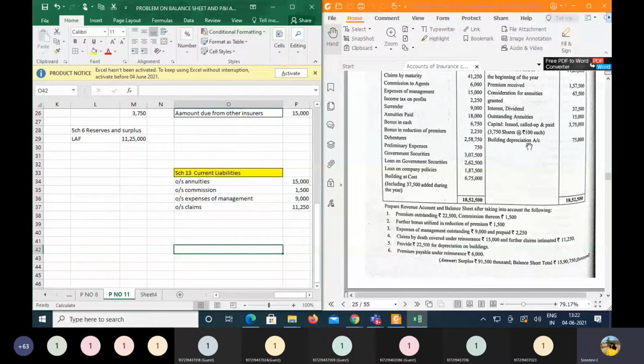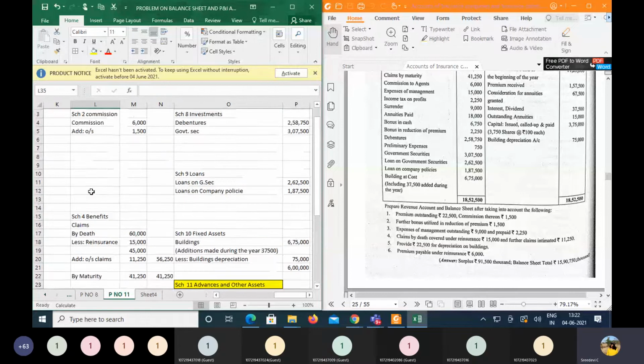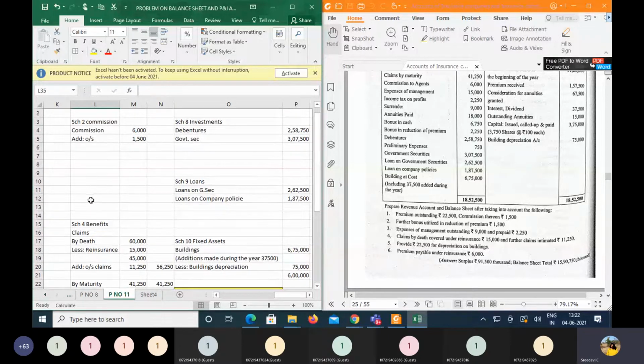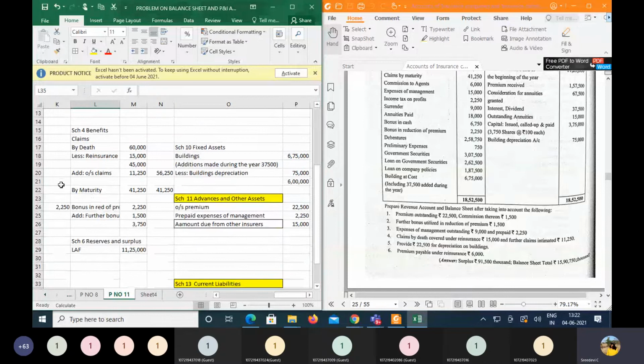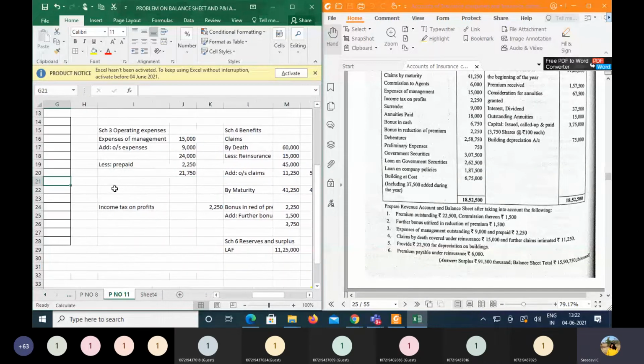Okay, then next we have the depreciation. Whatever provision is given in the trial balance is up to last year, and in the current year they still want to provide for depreciation on the buildings to the extent of 22,500. First this part of the depreciation is to be taken to the operating expenses, so show it under operating expenses as depreciation on buildings, and the amount of the depreciation here is 22,500.